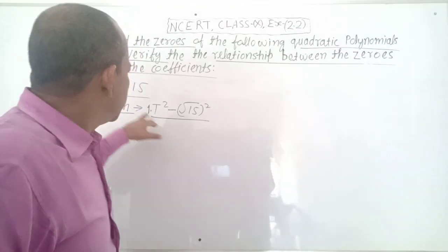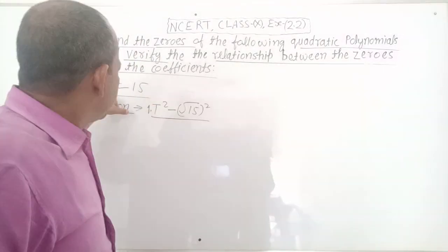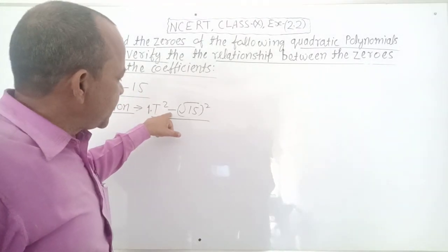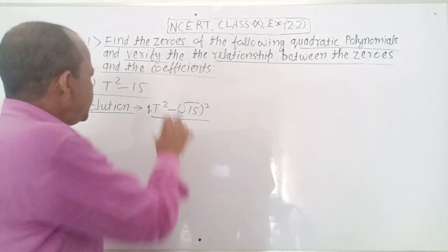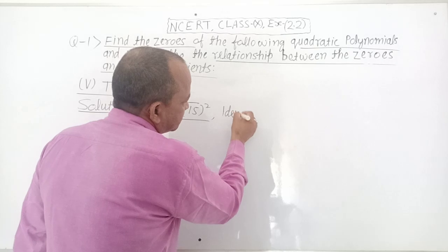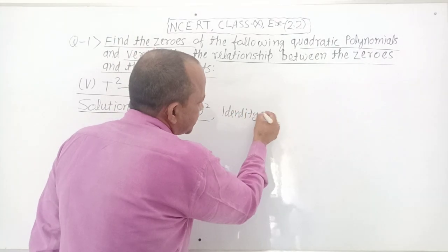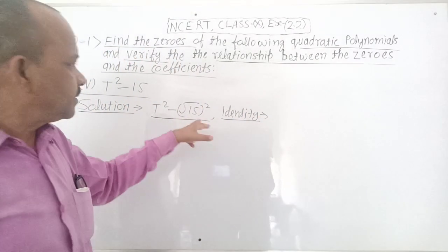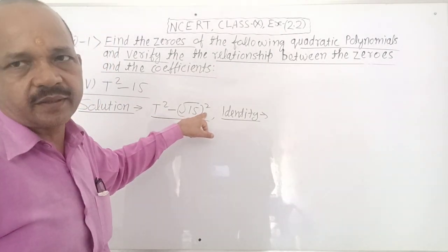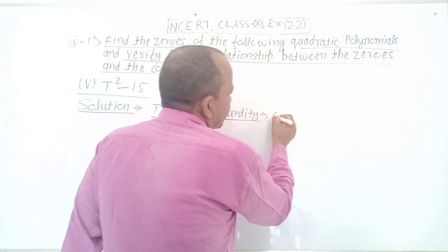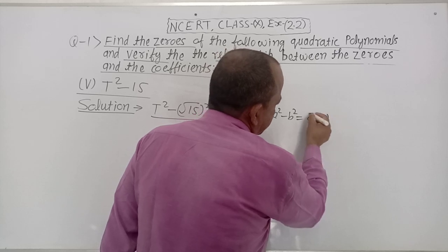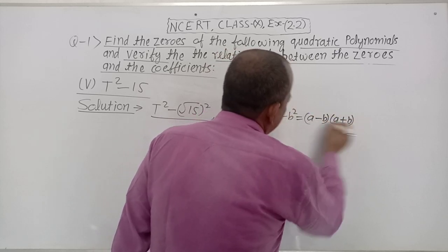t square minus 15 equals t square minus root 15 whole square. Here you can use the identity: a square minus b square equals (a minus b) times (a plus b).